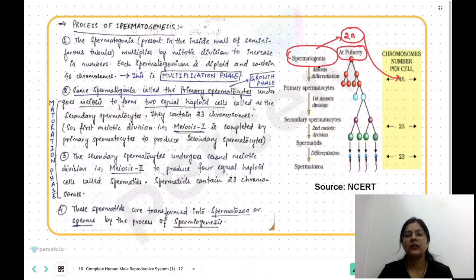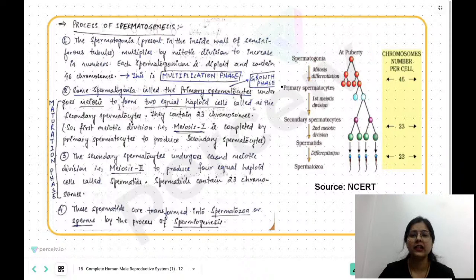All right, now this spermatogonia का number बहुत ज़्यादा रहता है. So initially it will undergo a process which is called as mitosis differentiation. Initially it is going to divide mitotically to give rise to the very first cell which is called as your primary spermatocyte. मतलब ये जो स्पर्मेटोगोनिया था क्योंकि ये इमेच्योर था तो इसीलिए इसमें डिफरेंशिएशन हुआ, and that's why it got converted into mature cells which are called as primary spermatocytes.